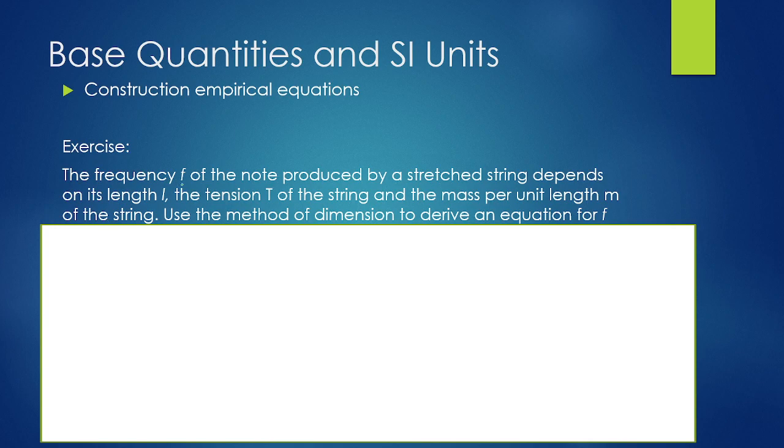So the first thing, we have f over here as the equation title, and it depends on the length L, the tension T, and the mass per unit length, which is small m. As usual, the first step is we rename the powers x, y, and z.